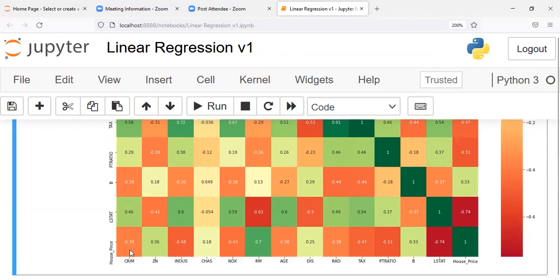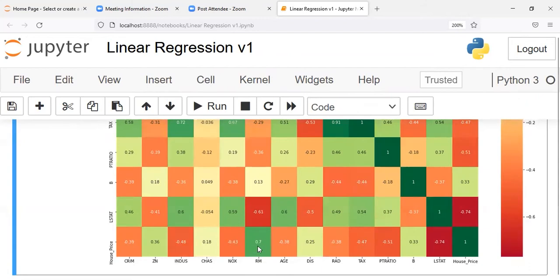There are certain variables like crime rate, index variable, nitric oxide concentration, which have a weak negative relationship with the dependent variable. In fact, there's only one variable which has a strong relationship, which is the number of rooms present in the house.